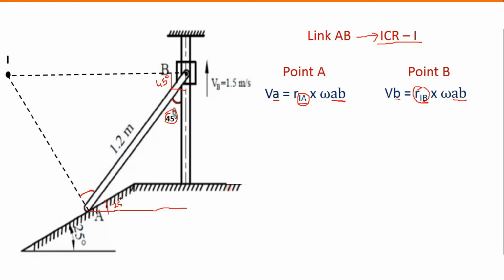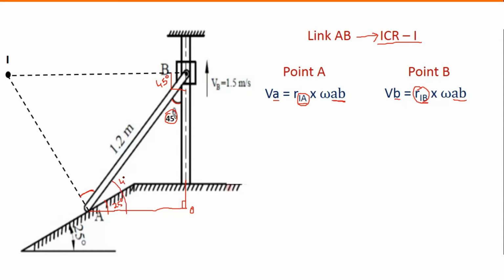I am just making use of geometry. Now this angle is 25. If I complete this triangle, you can see triangle AB, and let us name it O. In this triangle ABO, this angle is 90, this angle is 45. That means this total angle will become 45.